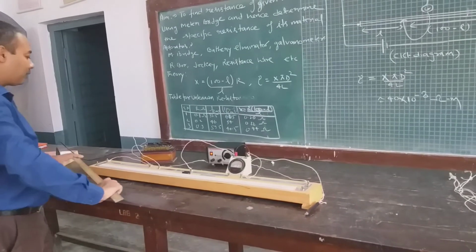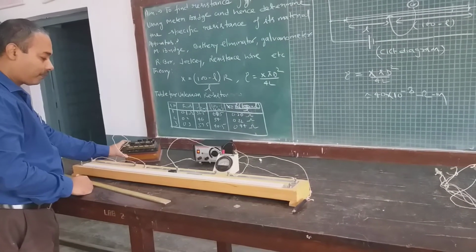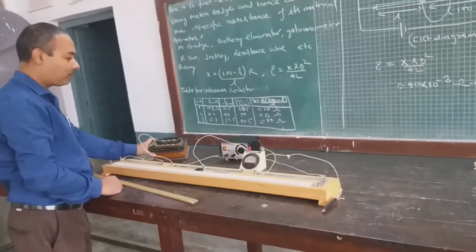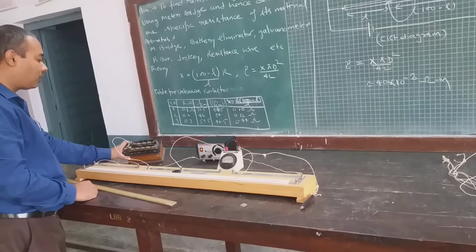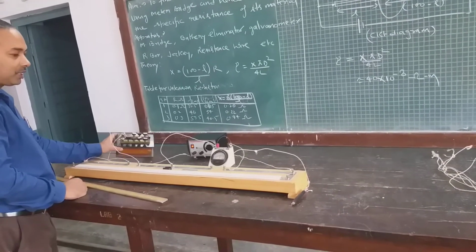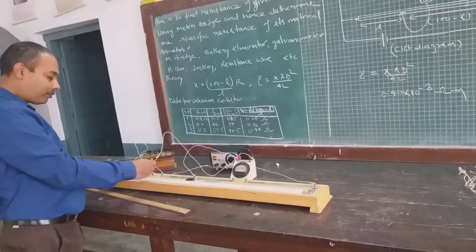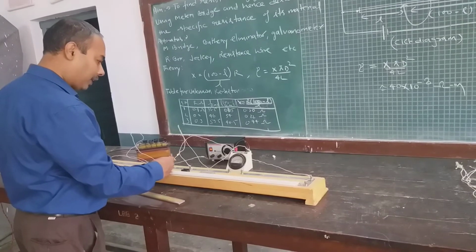What we will do is pick the resistance of 0.1 ohm from the resistance box, not from the galvanometer box. We will put the resistance of 0.1 from the resistance box, and we will slide the jockey over the wire.